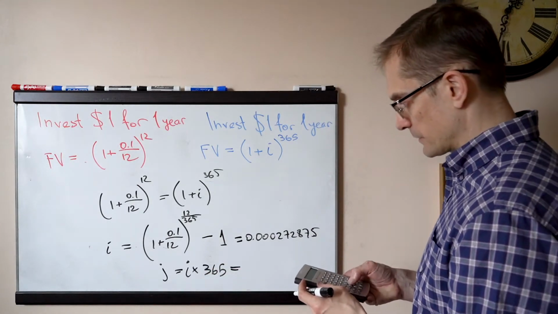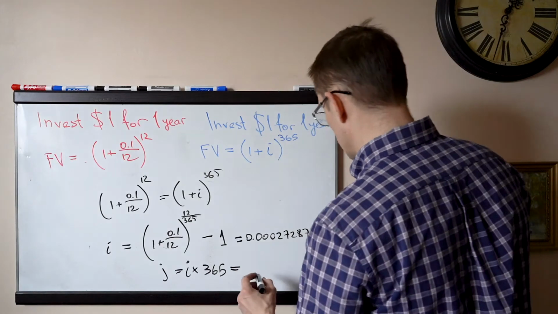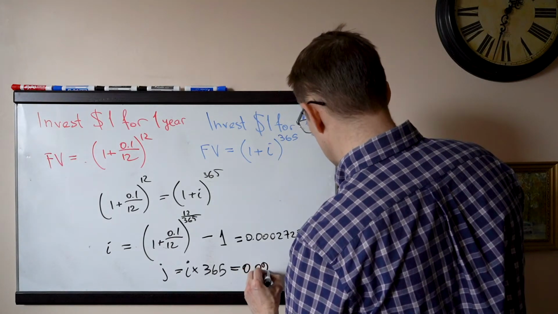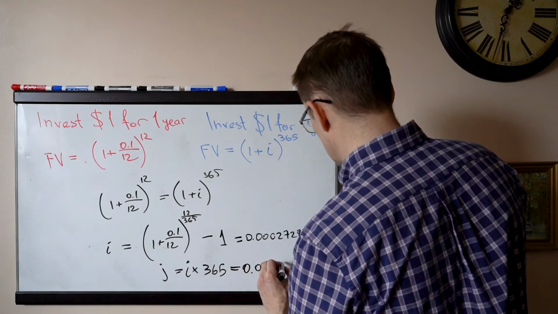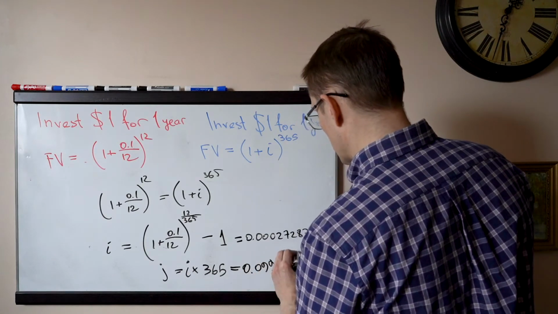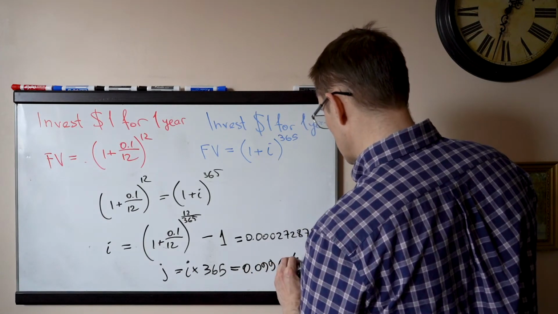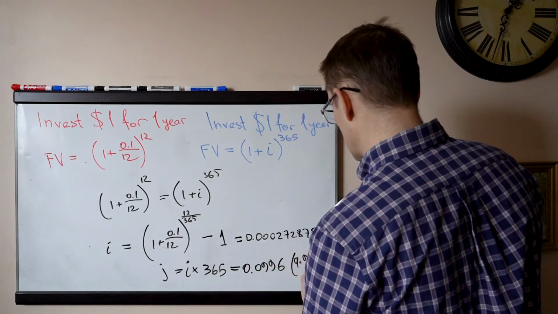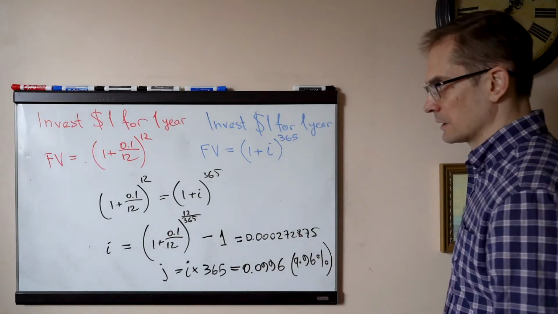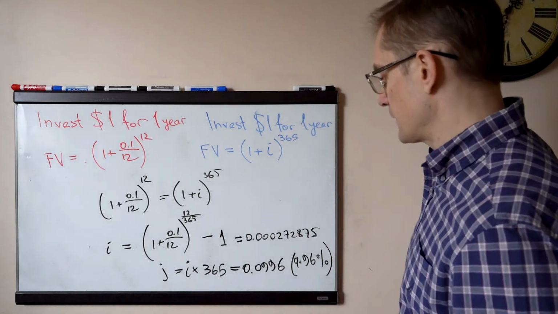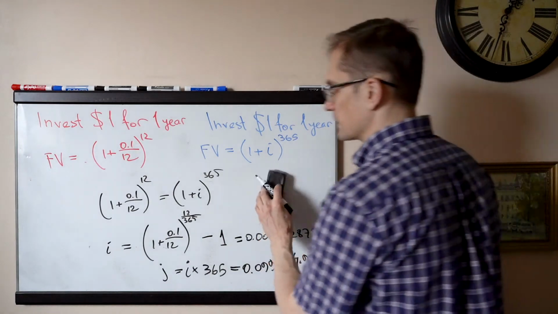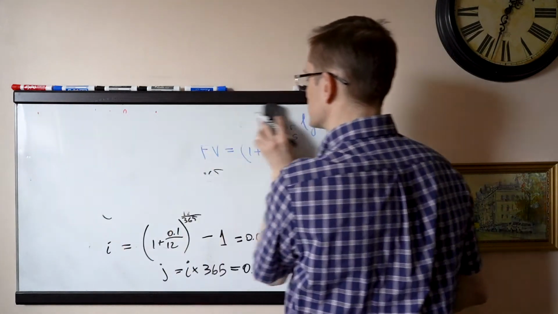So times 365, and you get this answer here, 0.0996, okay? So which means 9.96%. Which means that 9.96, let me write it now here.